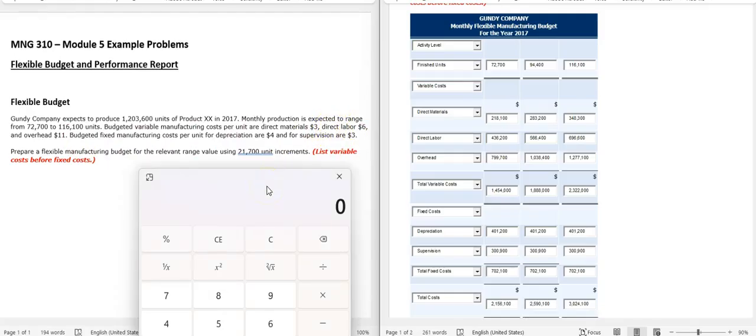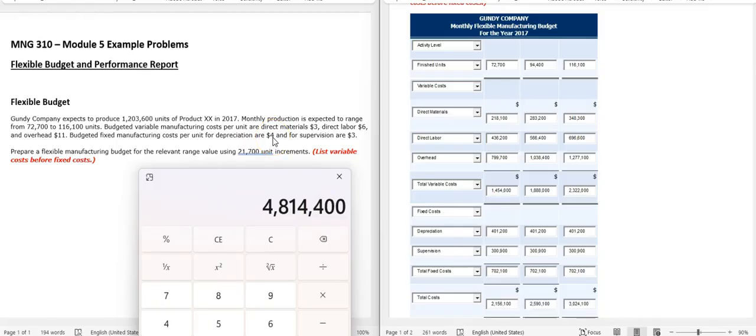So in order to get the total annual depreciation that they're expecting, I need to multiply the 1,203,600 budgeted units to produce times the $4 per unit. In total for the entire year, they are expecting $4,814,400 in depreciation.